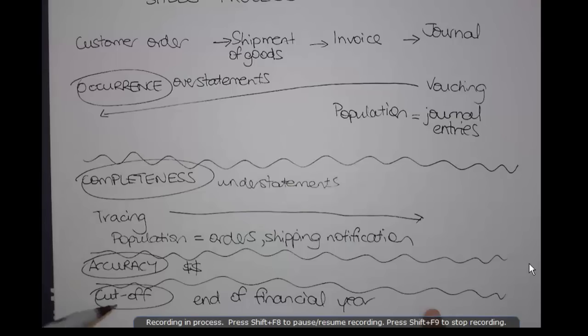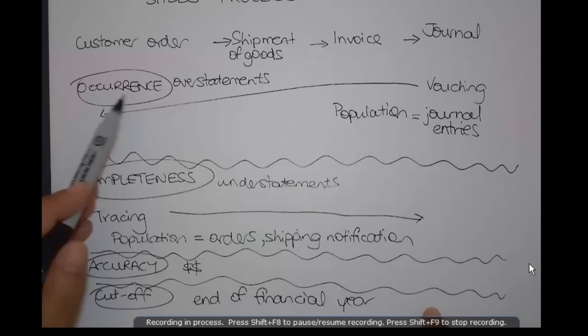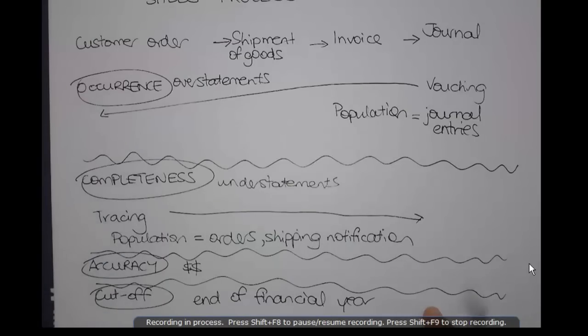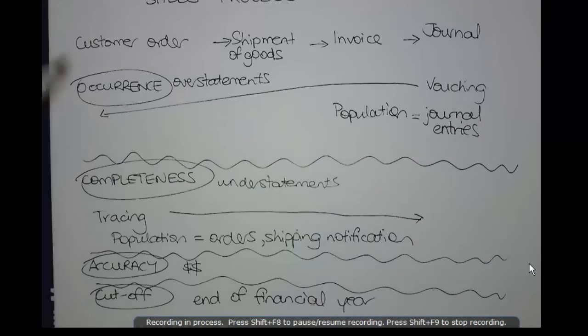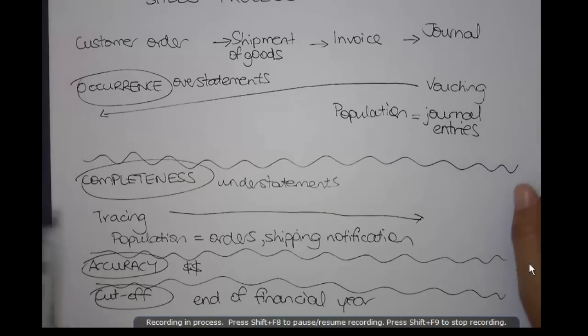And depending on whether you're testing for overstatement or understatement, you might pick journal entries or you might pick customer orders. So you can do some of these tests in conjunction with each other.